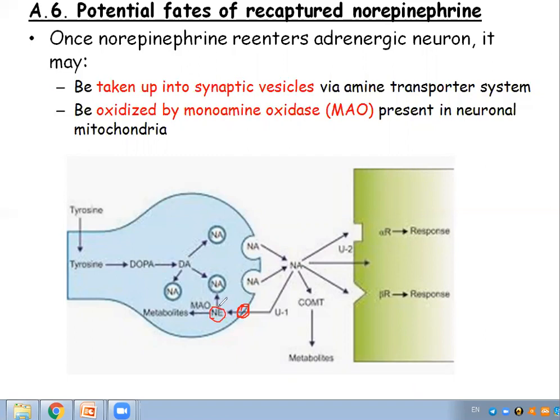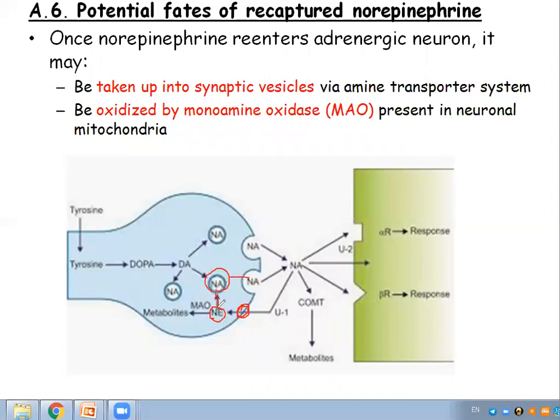The first is to be taken and stored inside a synaptic vesicle by an amine transporter system present in the vesicle. The norepinephrine stored in the vesicle is kept for a possible further release.